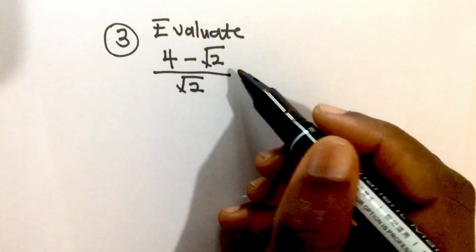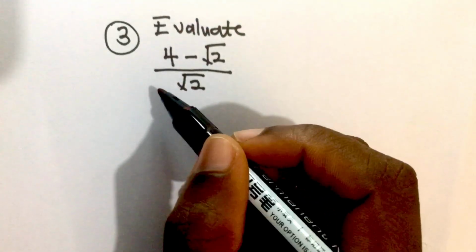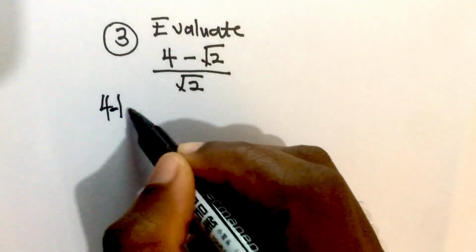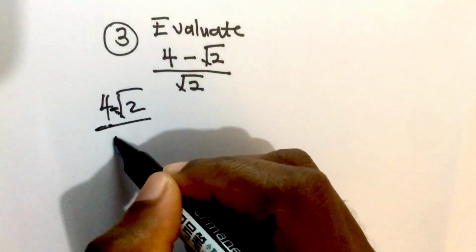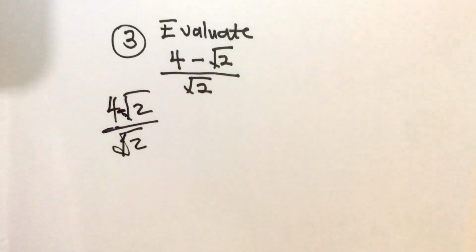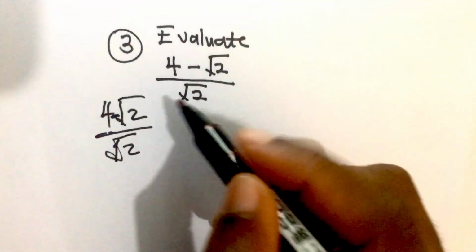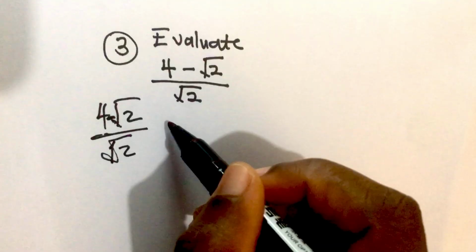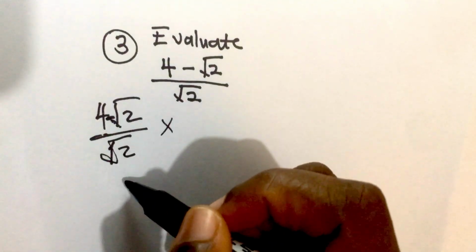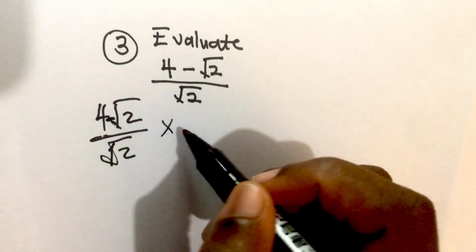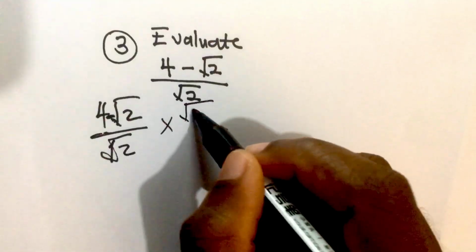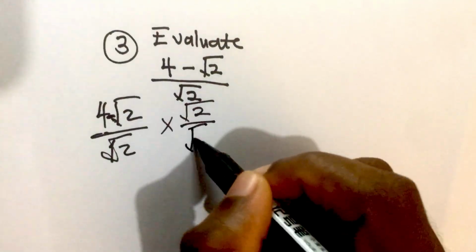So let's see. 4 minus the square root of 2 divided by the square root of 2. This is a radical, so we have to rationalize it. You multiply both the numerator and the denominator by the denominator, so that will be times root 2 divided by root 2.